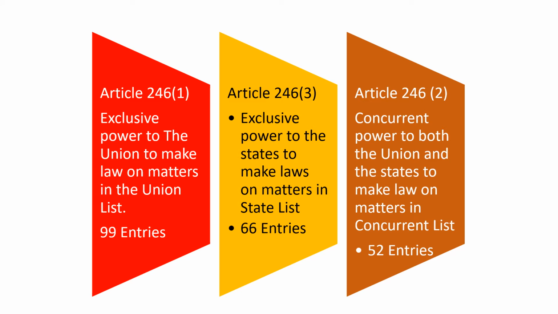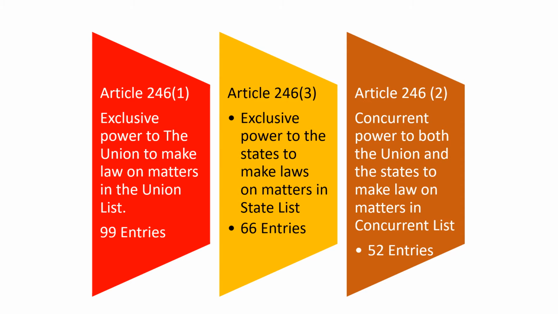Then Article 246(3) confers an exclusive power on the states to make laws on matters enumerated in the state list. And Article 246, Clause 2 confers a concurrent power of legislation on both the center and the states with respect to matters enumerated in the concurrent list, that is list 3.